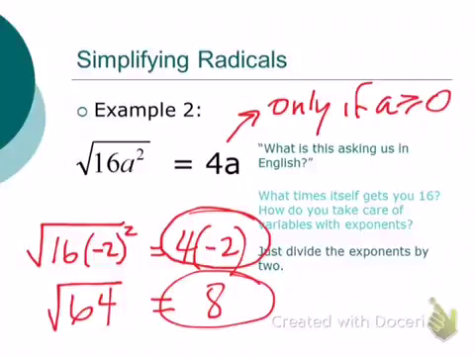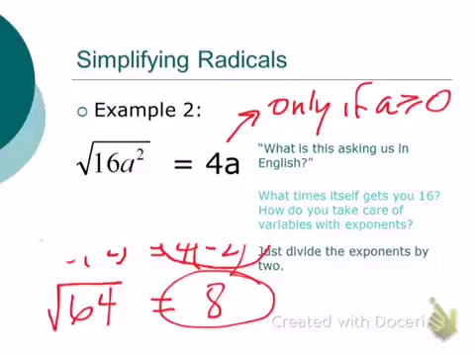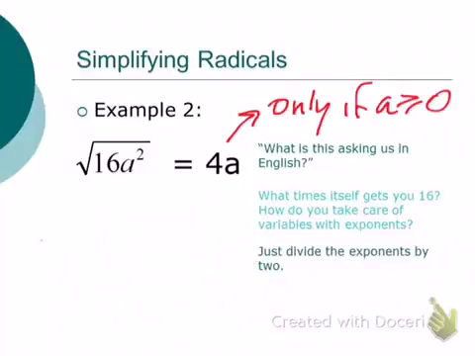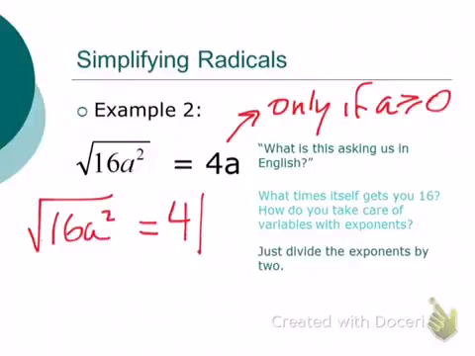So if we don't have the disclaimer that our variable is a non-negative quantity, to guarantee that the principal square root is positive, we would have to say that the square root of 16a squared is 4 times the absolute value of a. Right? And that would make it work.